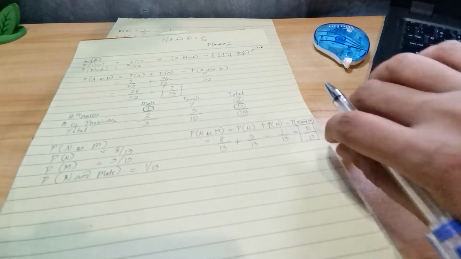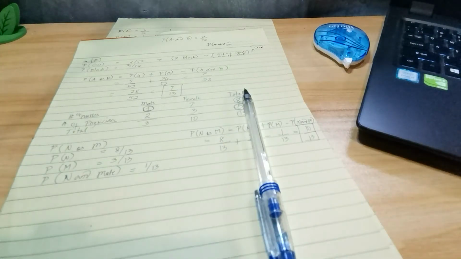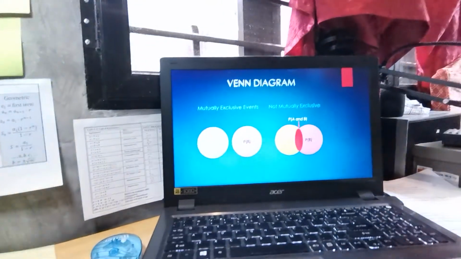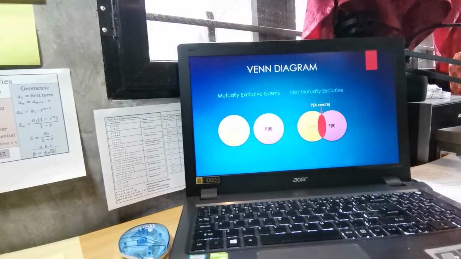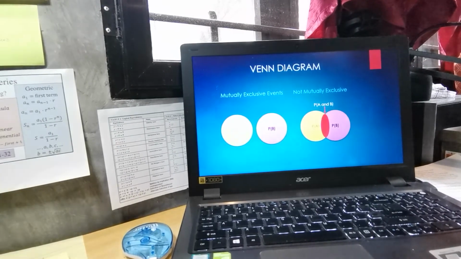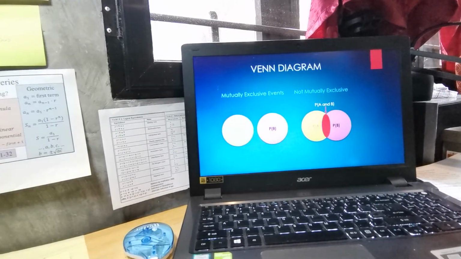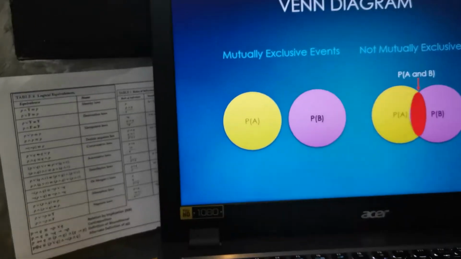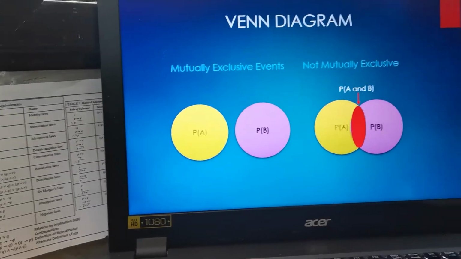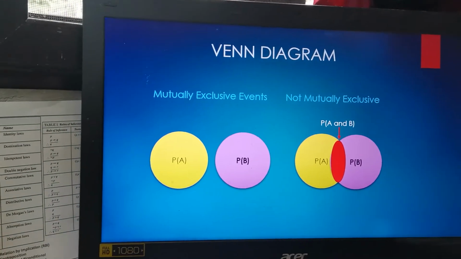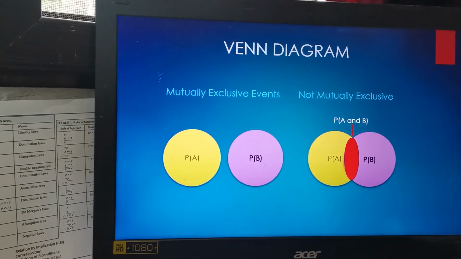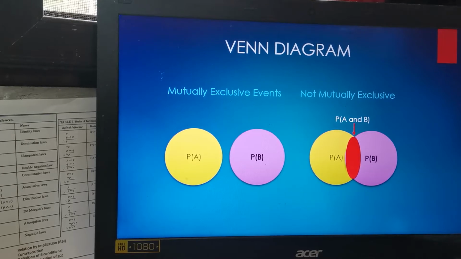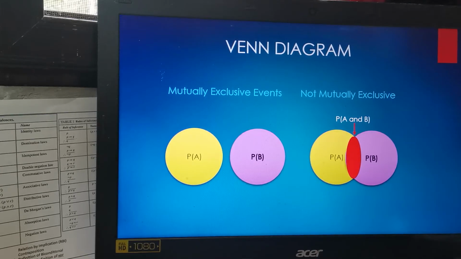Okay, now let's proceed to this slide. Dito nyo makikita yung, ayaw niyang lumaki. Bakit ayaw mo nang lumaki? Ayan. Okay, so ito yung Venn diagram na nagpapakita ng relationship or pagkakaiba ng mutually exclusive event at saka not mutually exclusive events.